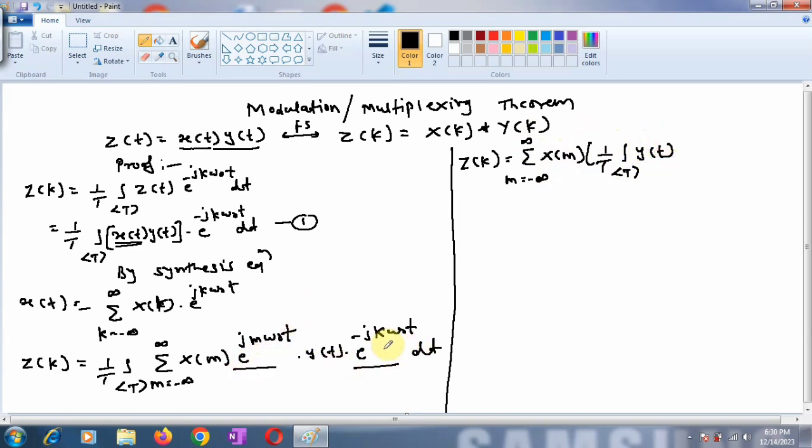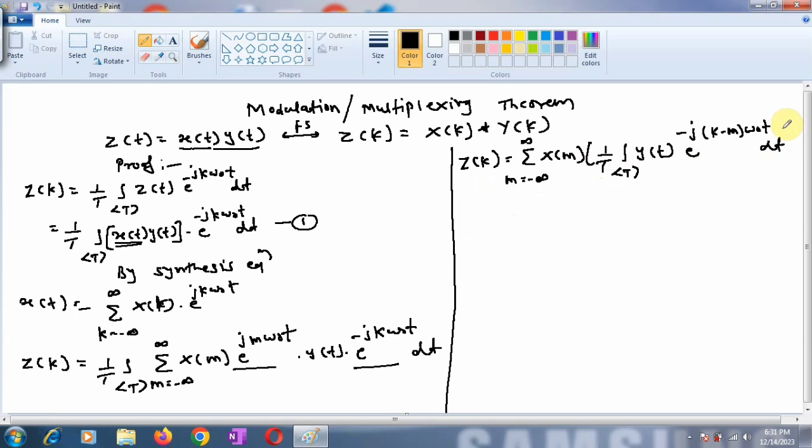So what we are doing, we are taking j omega 0 t and minus j omega 0 t common. So we can write here e raised to minus j k minus m into omega 0 t into dt.